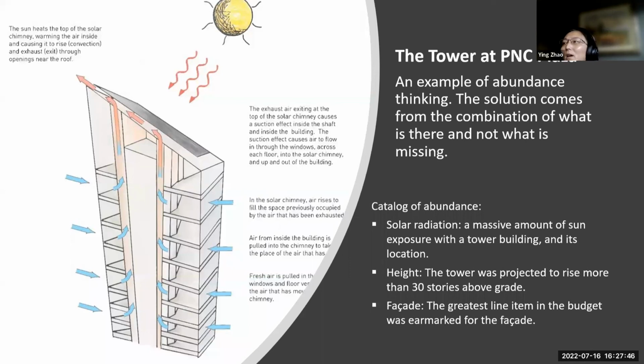They just listed what is abundant for this building. There is solar radiation on this site, and also they have a massive amount of solar exposure just because it's a high-rise building, and the building is high.